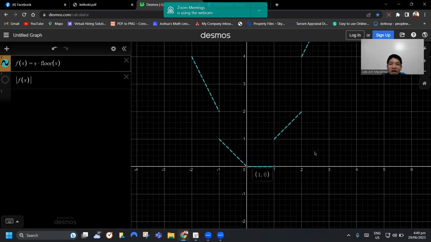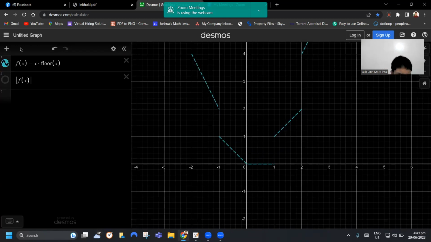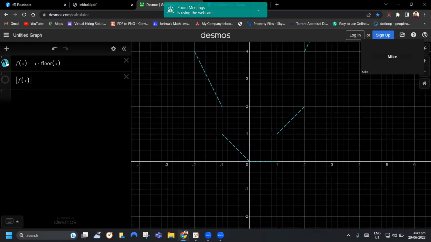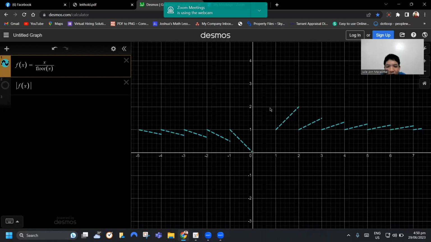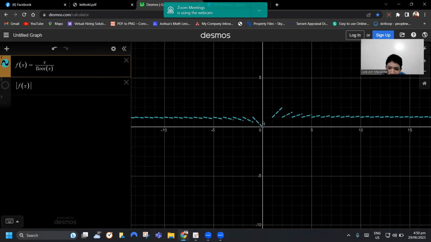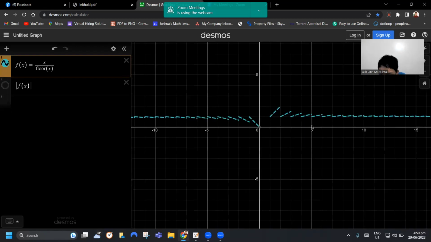Like a parabola po na sira po siya. Yung x over floor x, just para lang makita natin yung itsura. So x divided by floor x. Oh, it looks like yung ganun po, na spiral. Na curve.